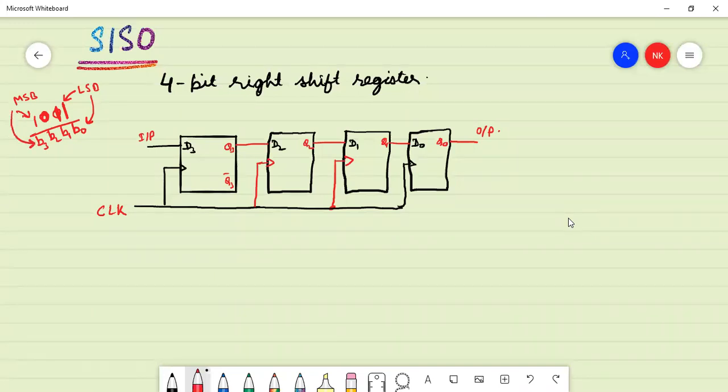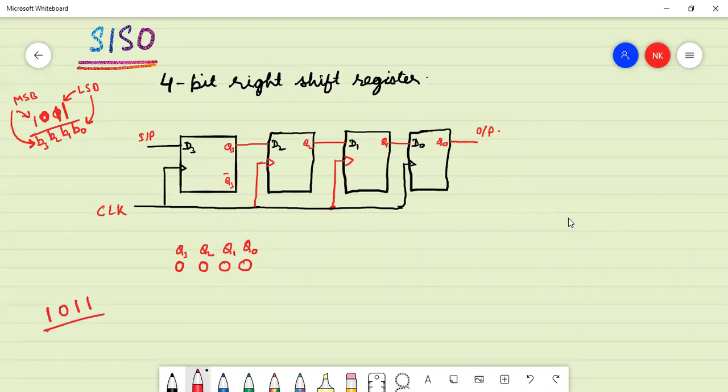So we will put a 1 here. Let us write it here also. So initially all the flip-flops are reset. So this is Q3, this is Q2, this is Q1, and this is Q0. And the data we have is 1, 0, 1, 1.